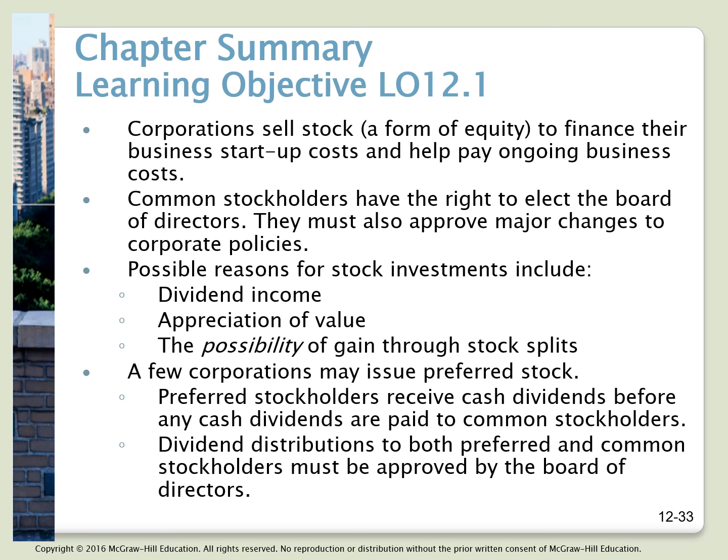Possibility also of gains through stock splits. A few corporations may issue preferred stock. Preferred stocks, again, they receive preferential treatment in terms of receiving their dividends. They receive their dividends first before the common stockholders receive dividends.